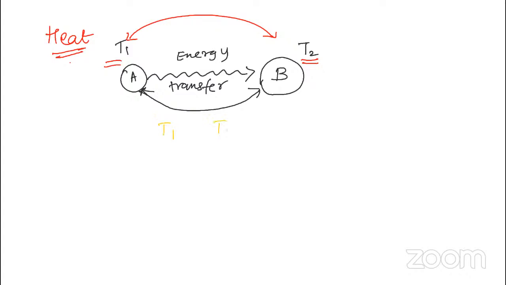Whenever energy is transferred from one medium to another, the initial medium has the higher temperature. So T1 is greater than T2. That is, simply, the body is heated.